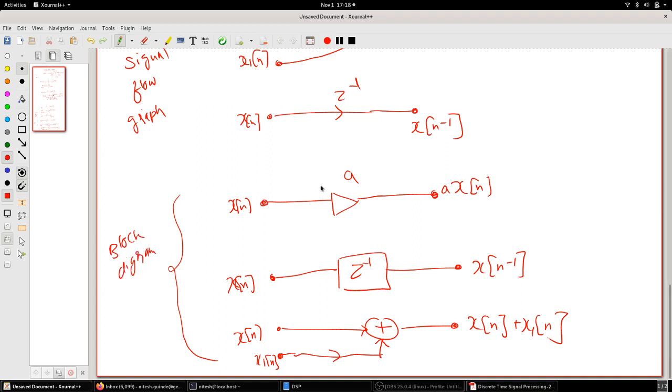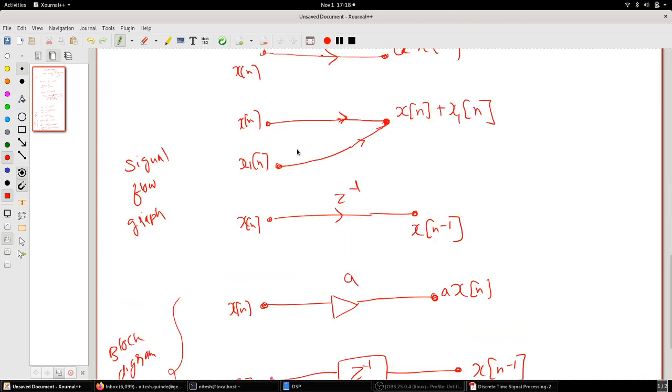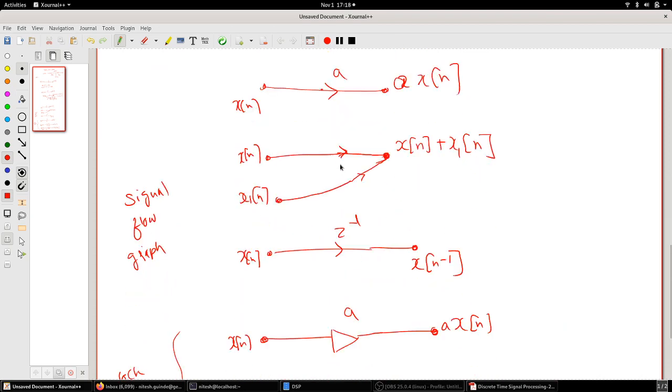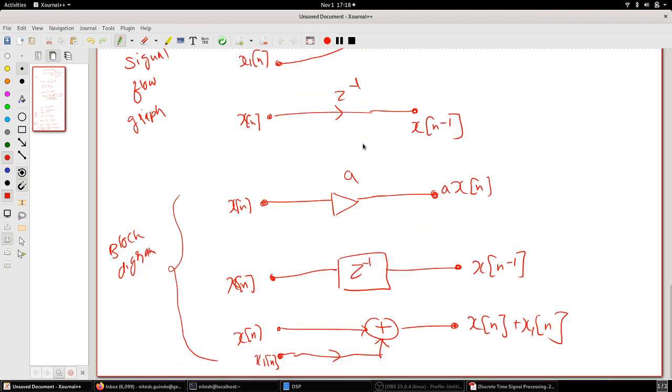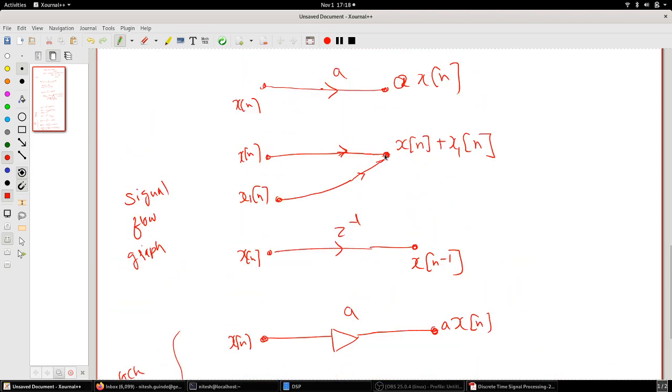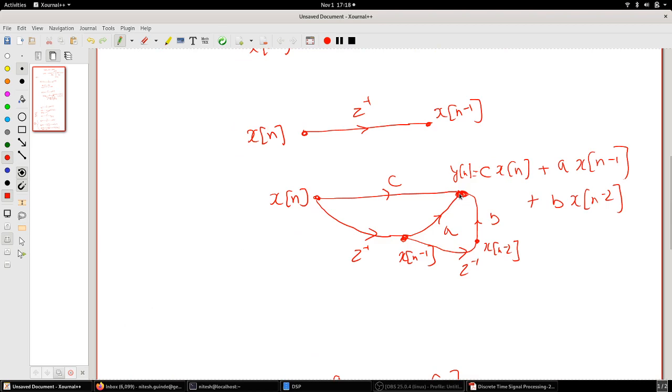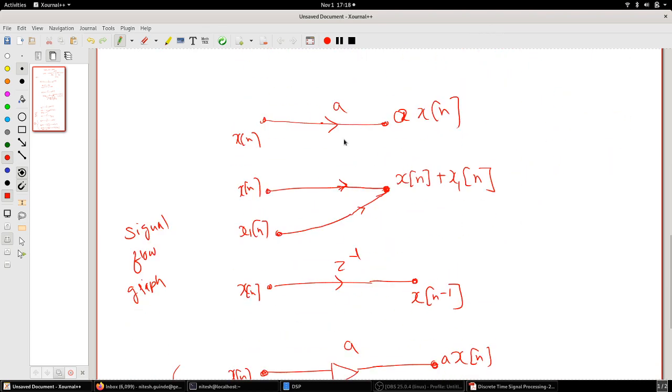So these are the operations which are commonly found in your signal processing course. This is what I would like you to at least go through, because in your FFTs I'll be using signal flow graphs, so the understanding should be there when you take up that topic.